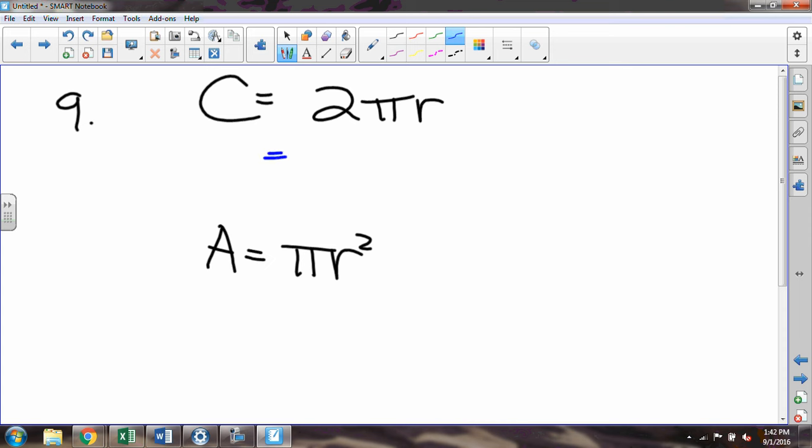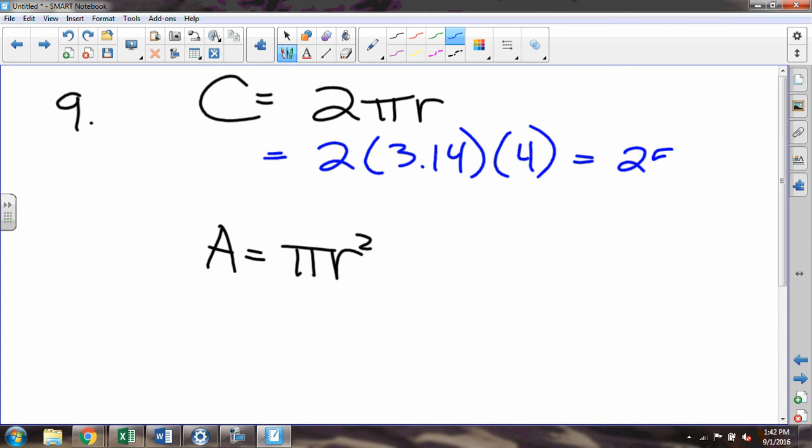All right, so putting them in, we had 2 pi, and the radius we can see in our picture is 4 feet. So what is 2 times 3.14 times 4? 25.12? That would be wrong.